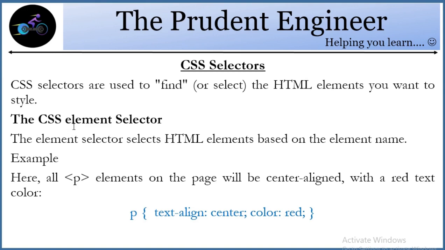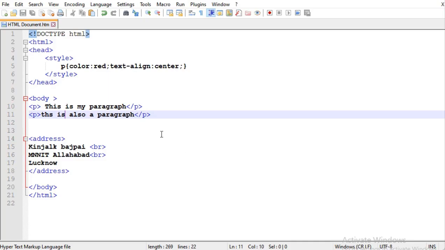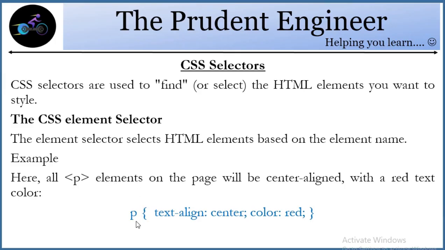We have the element selector, class selector, and ID selector. The element selector selects the HTML element based on the element name. Suppose the paragraph, like the last example we used, where we used the HTML element selector. We defined the paragraph. The syntax is the same as the previous example we did.